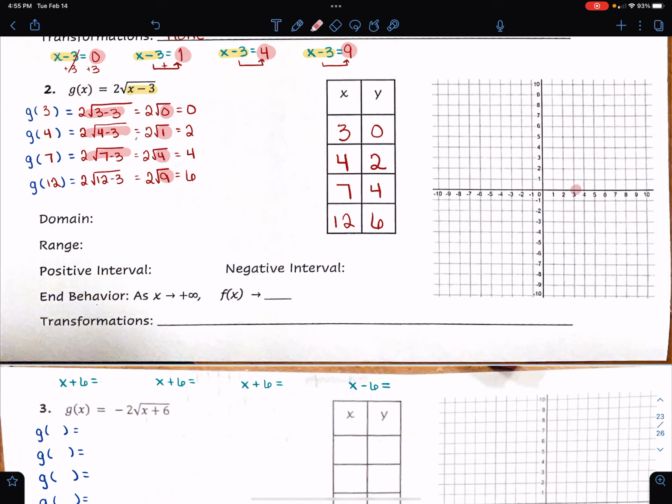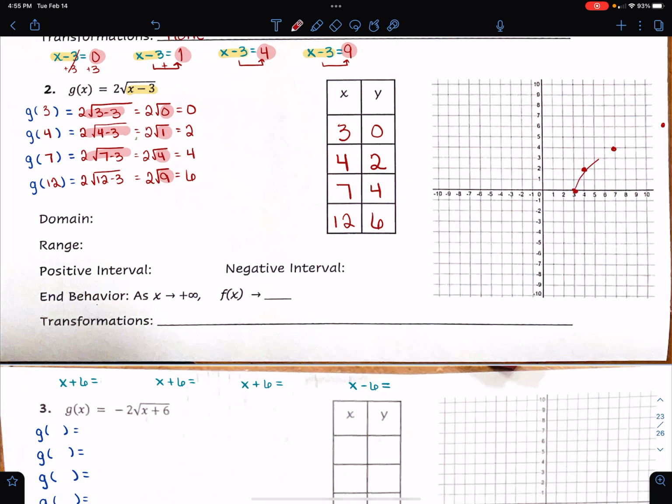All right, so anyway, let's go ahead and graph a table here. So I've got 3, 0, and I have 4, 2, 7, 4, and 12, 6, which will be right at the end of my paper.